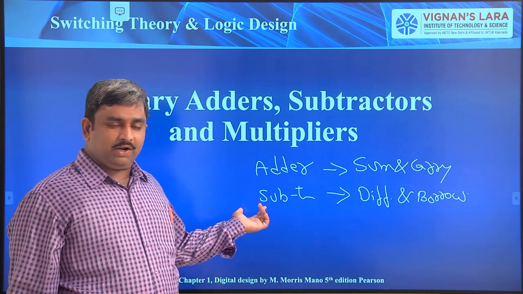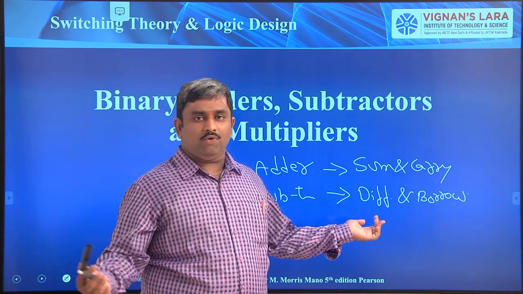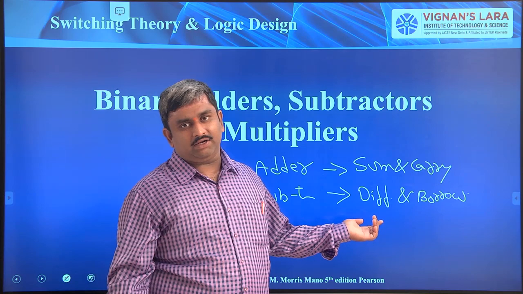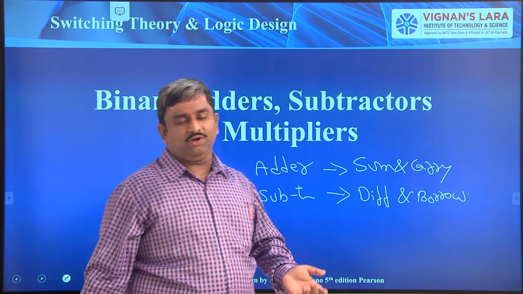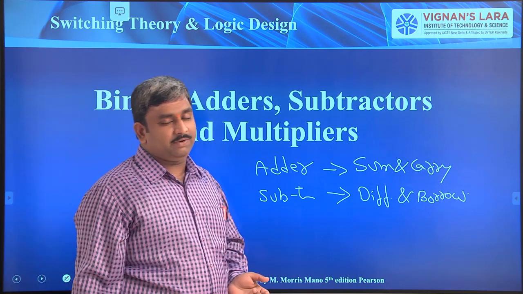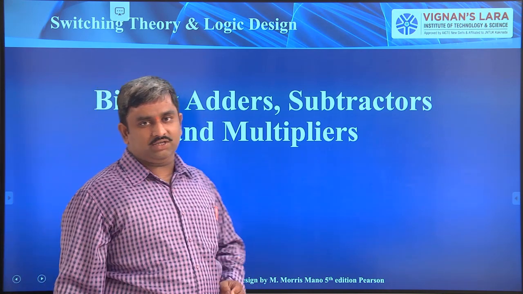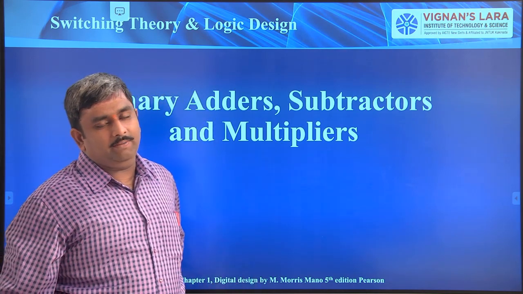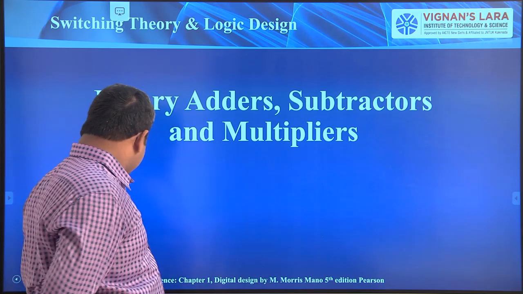And coming to the subtractors also, for the half subtractor you have 2 inputs. For the full subtractor, you have 3 inputs. Coming to the outputs, difference and borrow for the subtractors. Okay. So this is the introduction to half adders and full adders. Okay. Next, coming to that. So for this half adder, how to design the circuit?